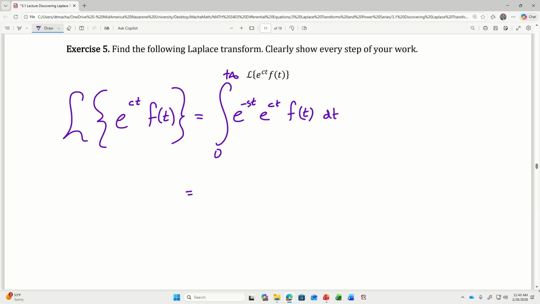So as you pointed out before, I can combine two exponents and write e to the power c minus s times t, f of t dt. And this is the Laplace transform formula for the function f of t, but the only difference is that instead of having an s, we just replaced the s with c minus s.